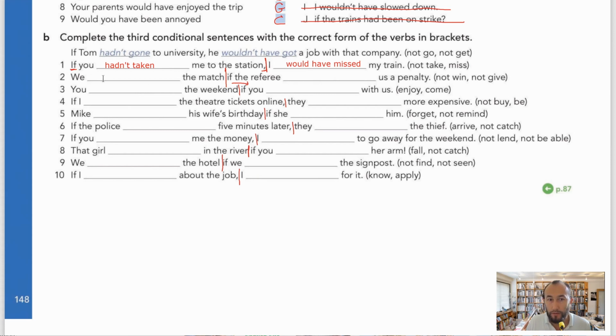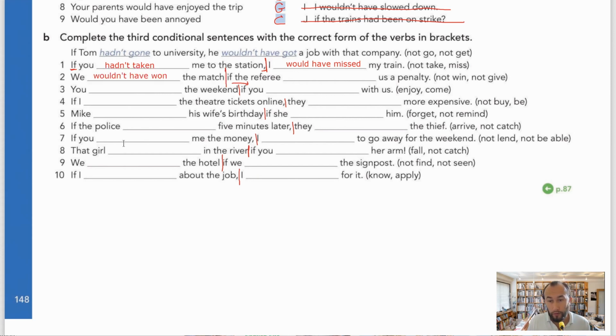Right? Number 2, and then we've got the if clause in the second part, second verb, not give. Because the if clause is coming in the second part of the sentence, we're going to use past perfect. Not win, we're going to use as a result one, which means negative. So wouldn't have won.